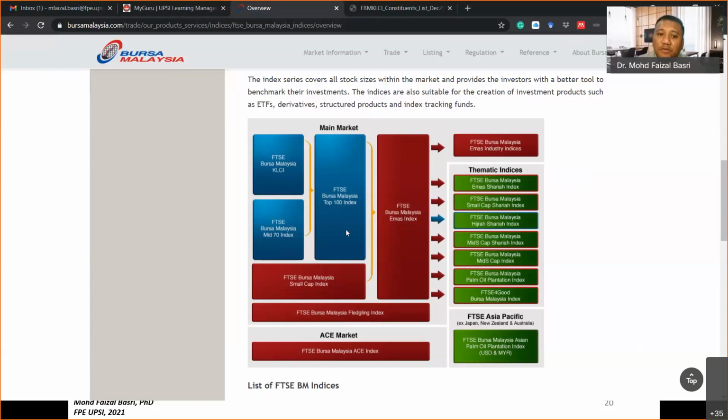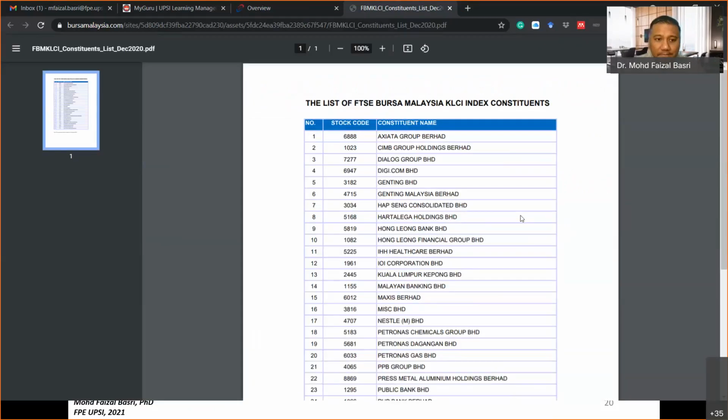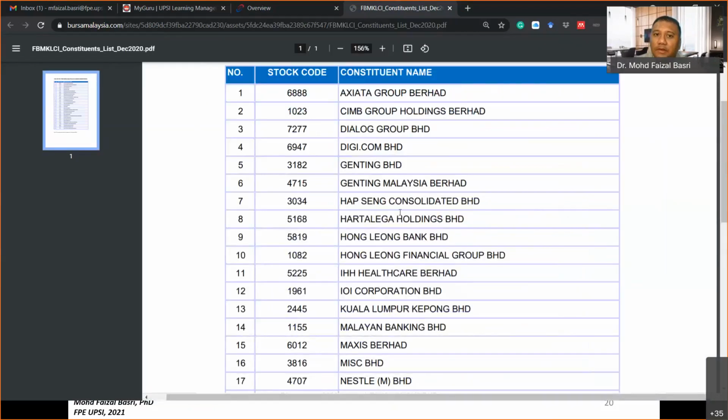Okay, so when we talk about blue chip just now, we can refer to this FBM KLCI because this list has 30 companies. The companies include these companies, right? So it comes from different industries. For example, Axiata, as you all know, this is telecommunication, telco.